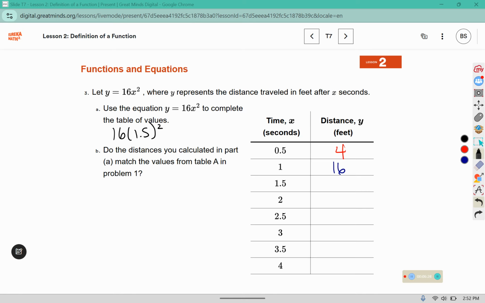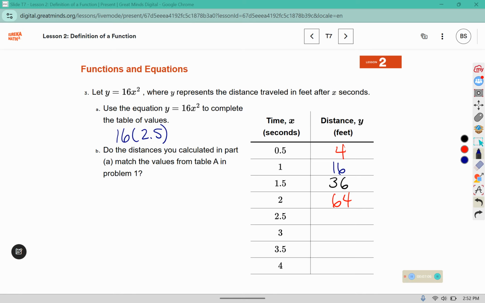1.5 squared is 2.25, and 2.25 times 16 is 36. 2 squared is 4. 4 times 16 is 64. 2.5 squared is 6.25.